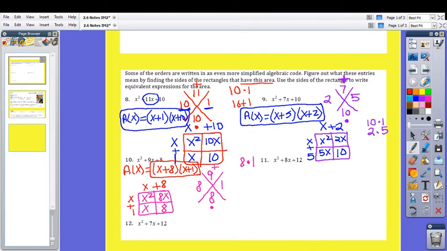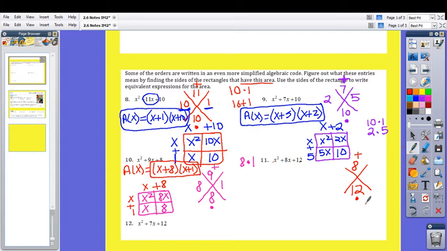Okay. Next one. Then in this one, again, you put 8 here. 12 times 1 is 12, so 12 will go here. Now, if you multiply the two factors of 12, you should get 12. If you add the two factors of 12, you should be getting 8. So let's find out.